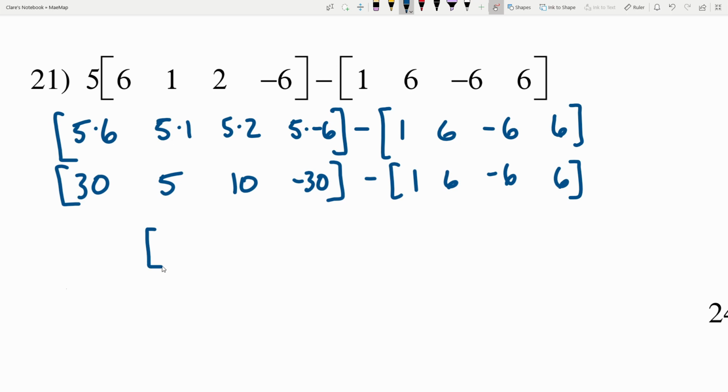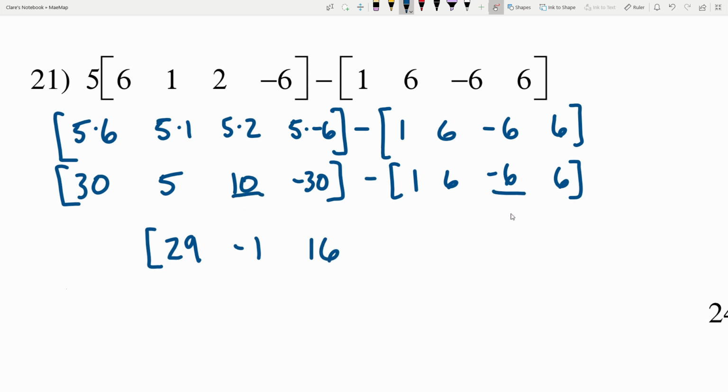So doing the rest in my head, I'll do 30 minus 1, first row, first column, which will be 29. And then first row, second column, 5 minus 6 is a -1. Then 10 minus a -6 will be 10 plus 6, which is a positive 16. And that was first row, third column.